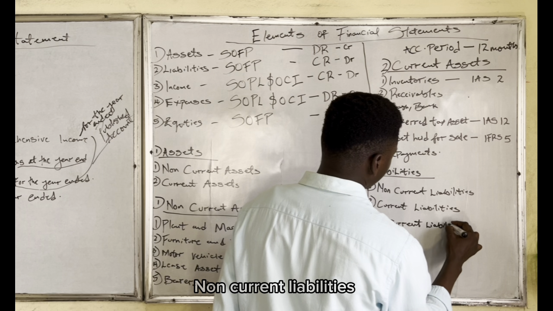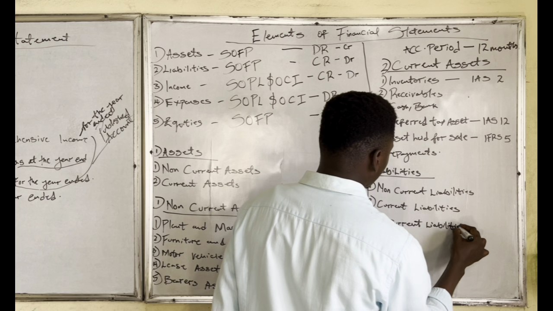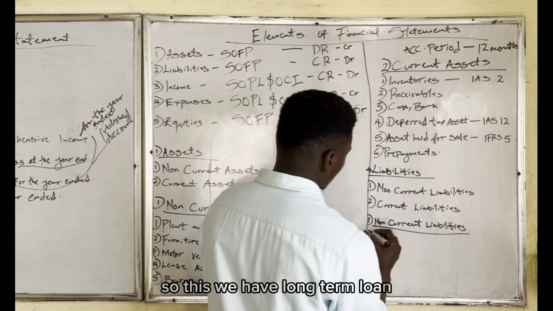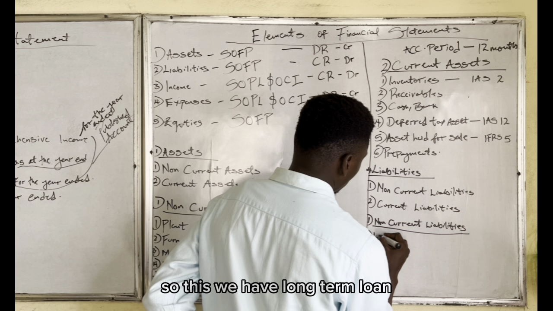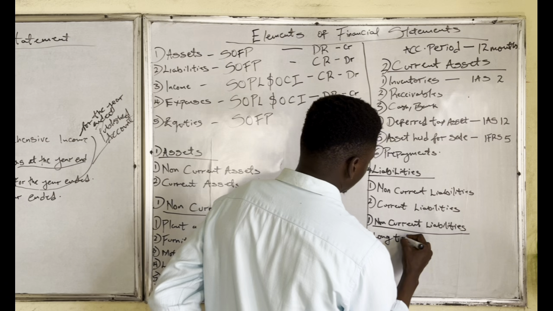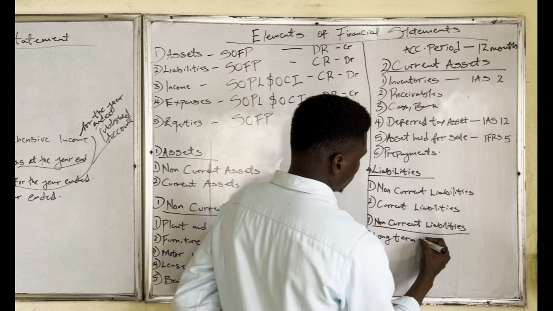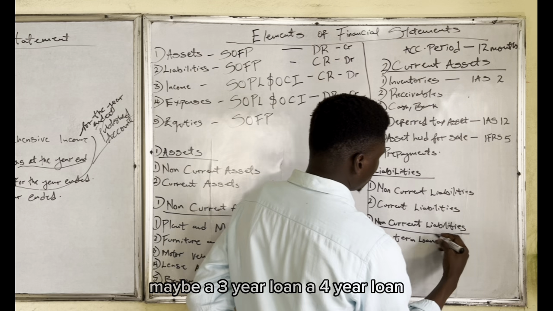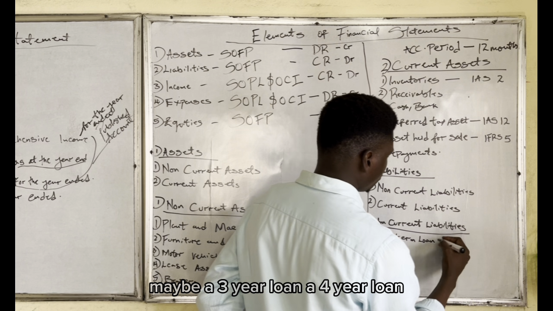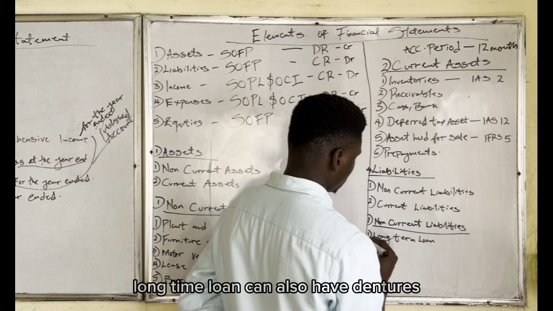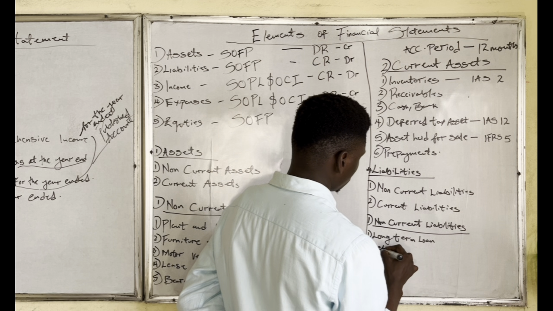So an example or examples of non-current liability. So this we have long-term loan, which is why I added long-term. Maybe a 3-year loan, a 4-year loan, long-term loan. Can also have debentures.